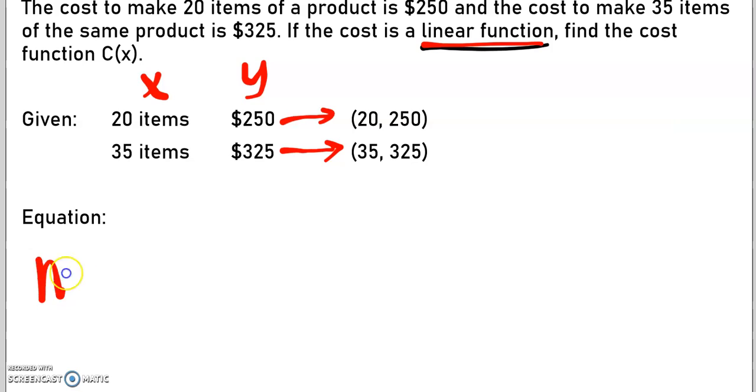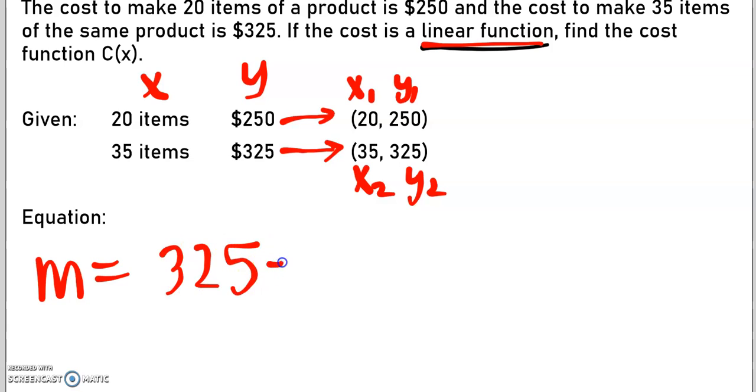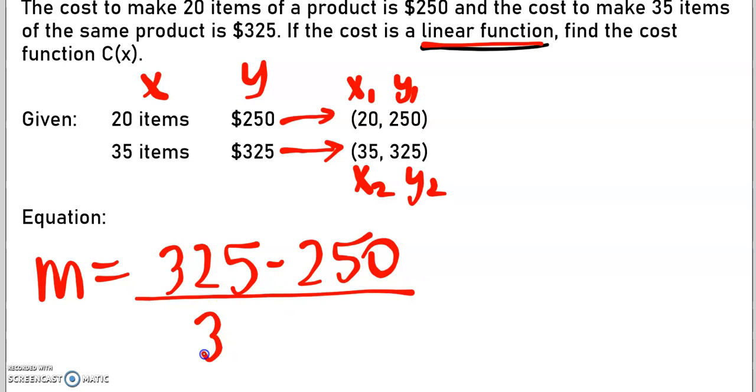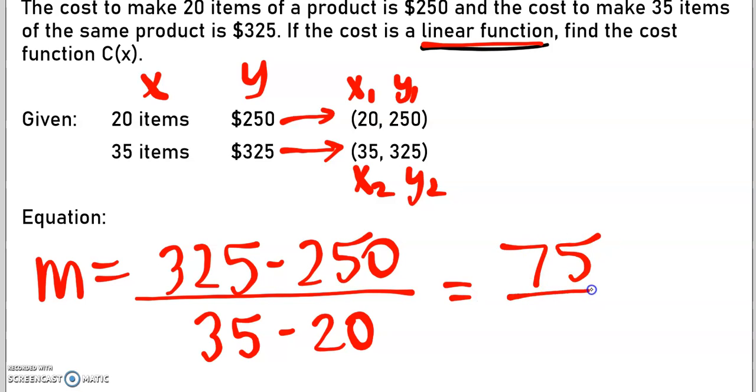And I'll have m equals, here's my x, so x1, y1, x2, y2. So my y2 is 325, minus my y1 is 250, over my x2 is 35 minus my x1 is 20. We'll simplify this. 325 minus 250 gives me 75 over 15. A little division gives me 5 as my slope.